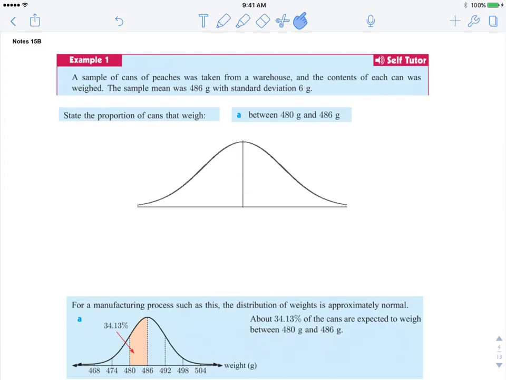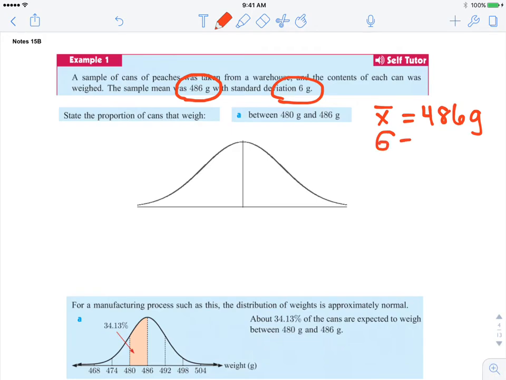The sample, so the average of every can totaled up and divided by how many cans you have, the average weight of the cans is 486 grams with a standard deviation of 6 grams. So I'm just going to go ahead and write that down. My mean, my average, was 486 grams for the peaches, and the standard deviation was 6 grams.